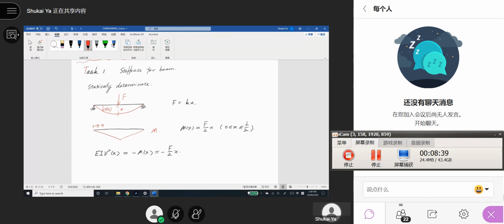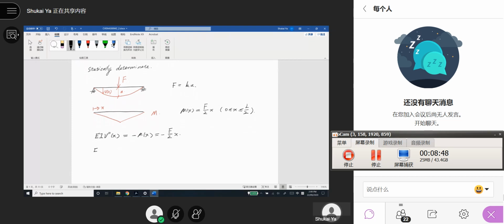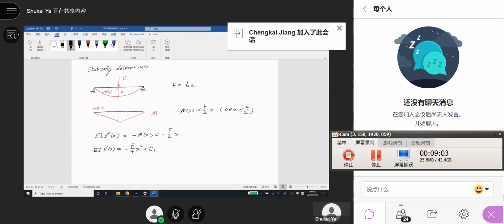Okay. And then if we integrate this equation, we get EI v first order derivative equal to minus one quarter F x squared plus C1.